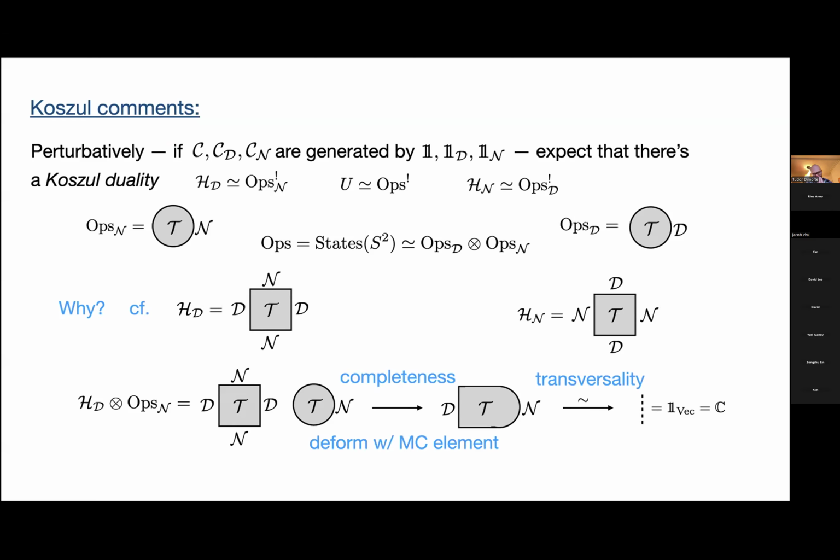Say it again, because for me, for Koszul duality, the tensor product is not necessary at all. But you said something which I should somehow understand. I guess it depends on where you start and where you finish.